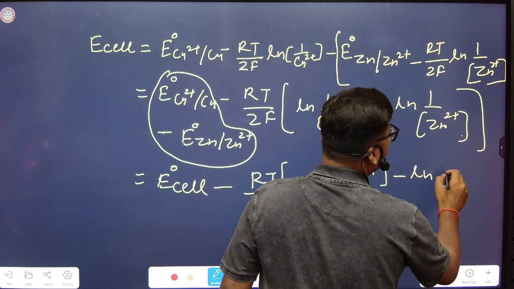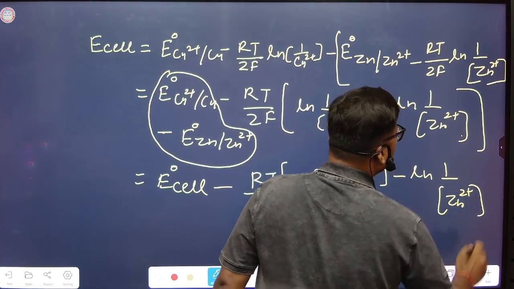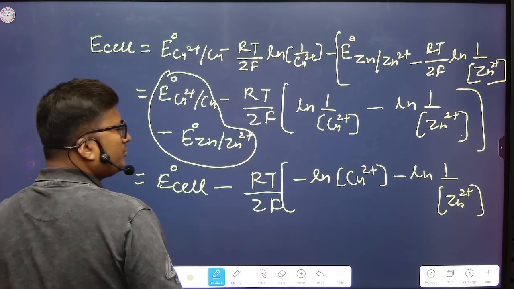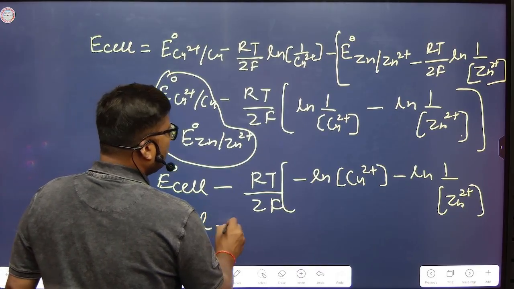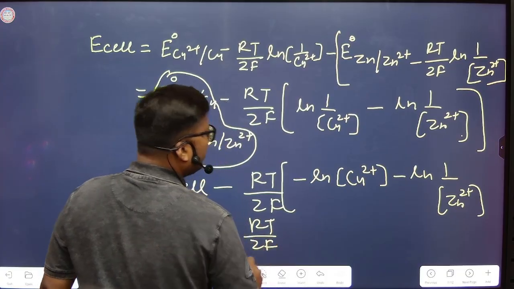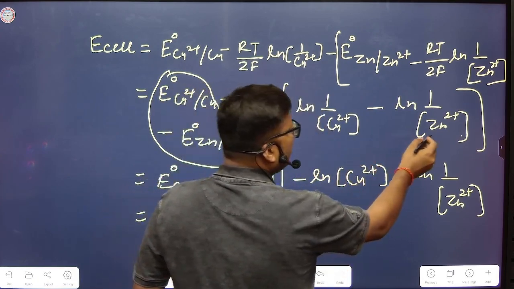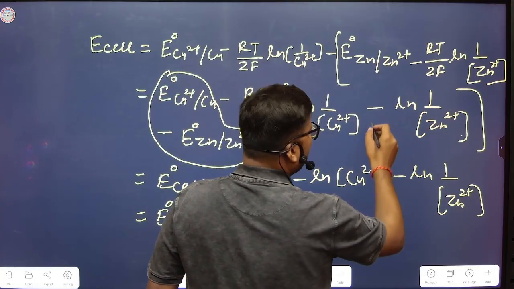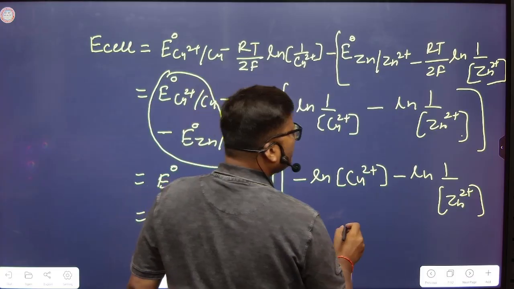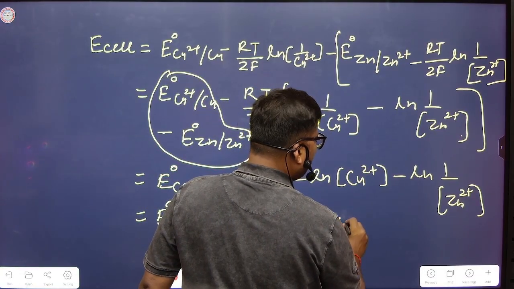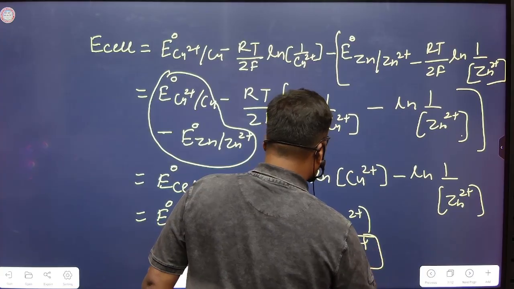Minus ln, it is getting 1 by Zn2+, right? Then it will be E cell minus RT upon 2F. So here no use of this, you can put this value upside, so then it will be positive. So ln Zn2+ upon copper 2+, right?